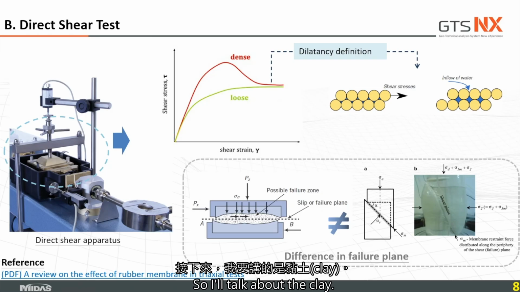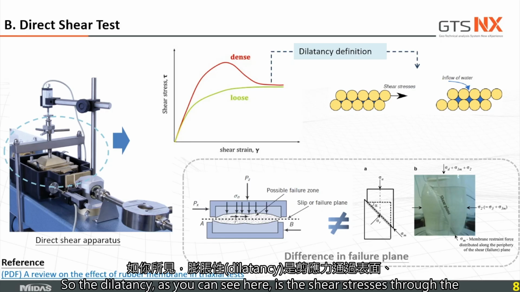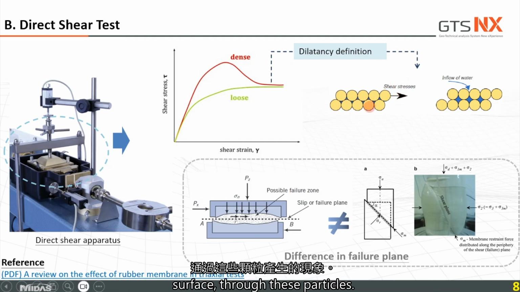So we talked about the clay, we talk about the sand materials, so we will mention the dilatancy. The dilatancy, as you can see here, is the shear stress through the surface, through the particles.